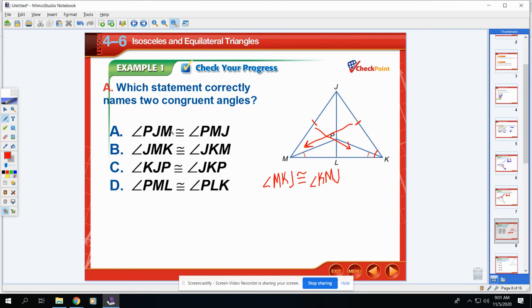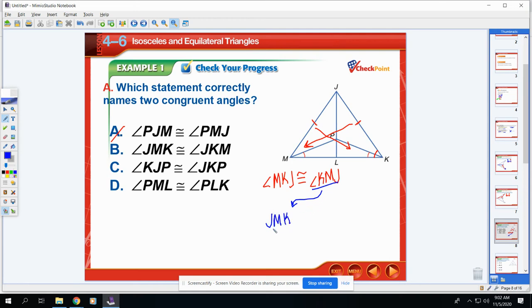So P, we don't really want anything that has to do with P, so we will get rid of that. JMK, JMK, and JKM. If we flip these, we could actually rewrite this as JMK, right?